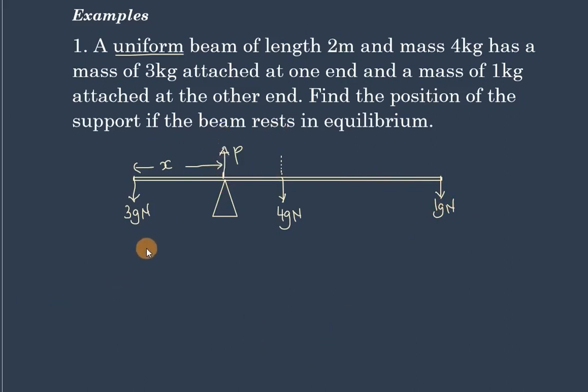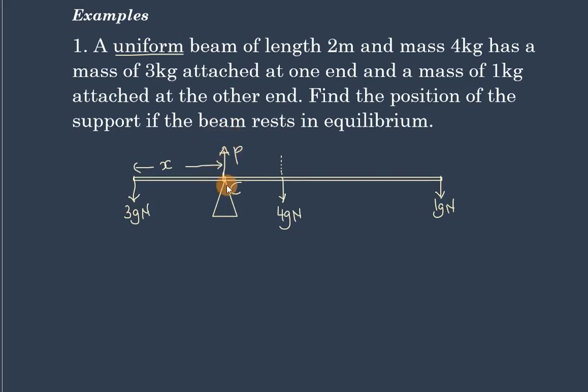And now, first of all, they want us to find the position of the support. That is the x which we have there. What we are going to do is take moments about the support. If this point is C, we can call it C. Taking moments about C, we shall be eliminating P from the moments, because P is passing at that point.